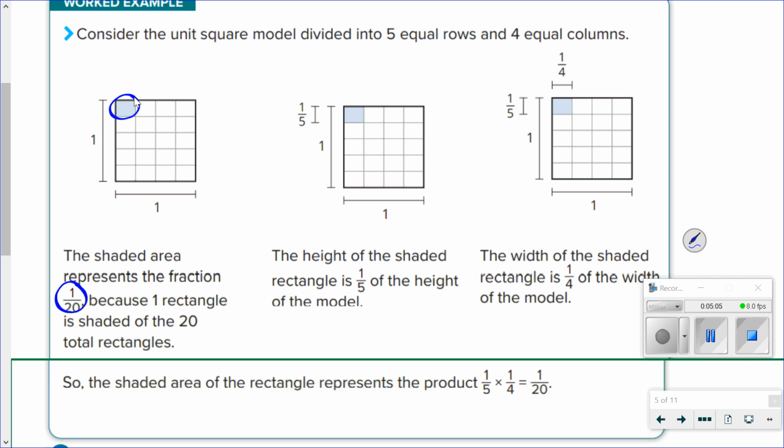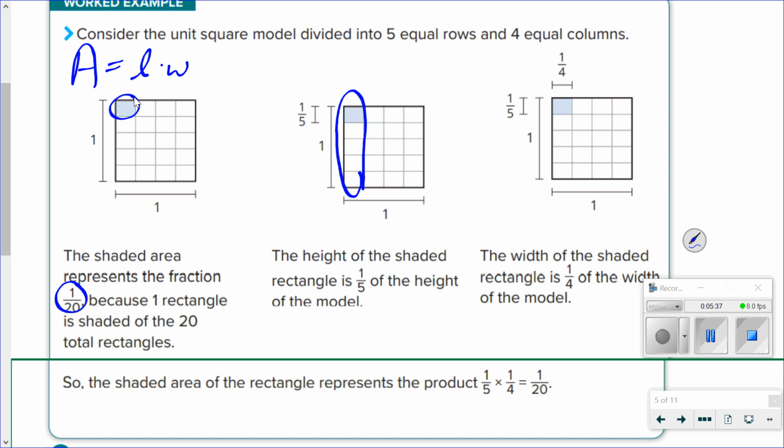Okay, so when we did area, area is always what? How do I find the area? Excellent, thank you. Length times width, right? So saying that this is the answer of 1 out of 20, we'll now call this the length going up and down. So if I look at it with just this first column as my length, with just the 1 being shaded, what is my length in this? 1/5.